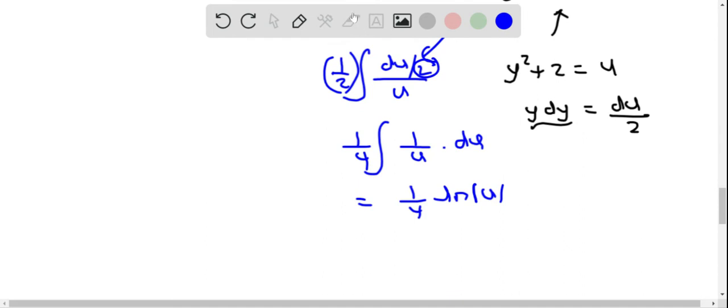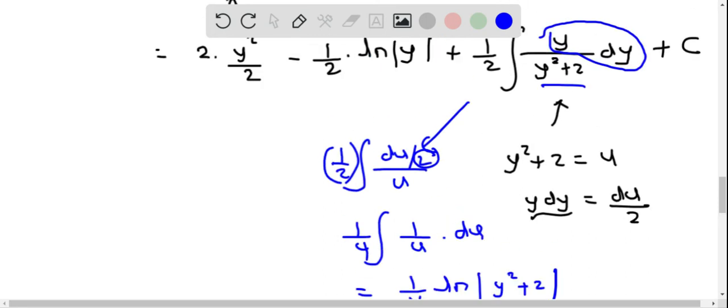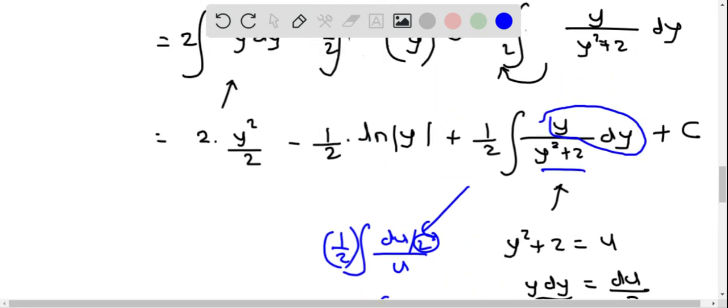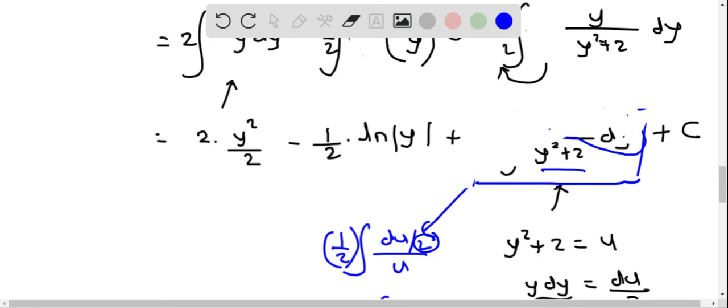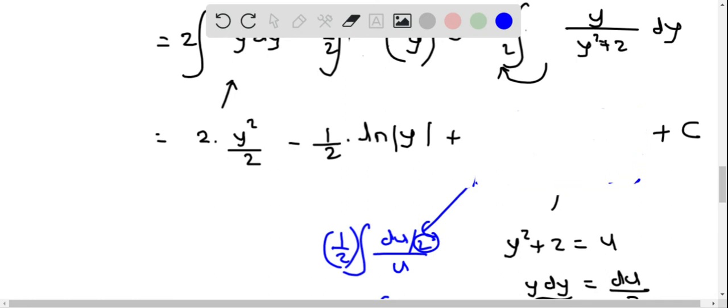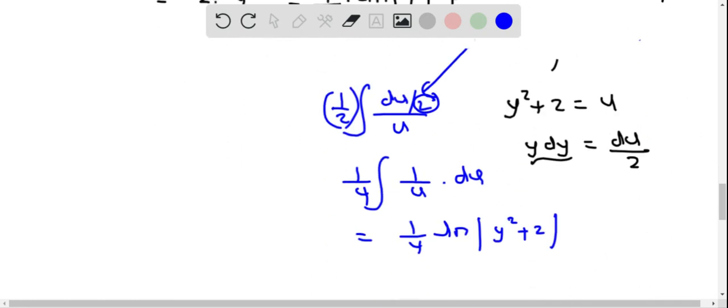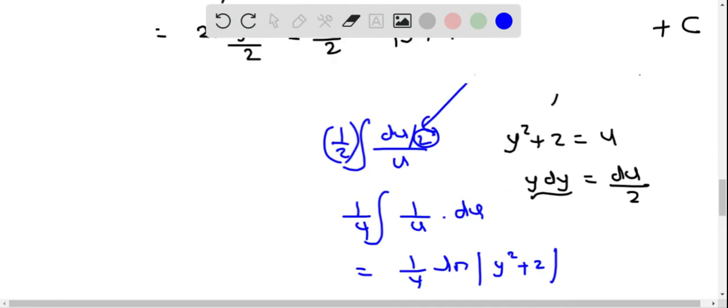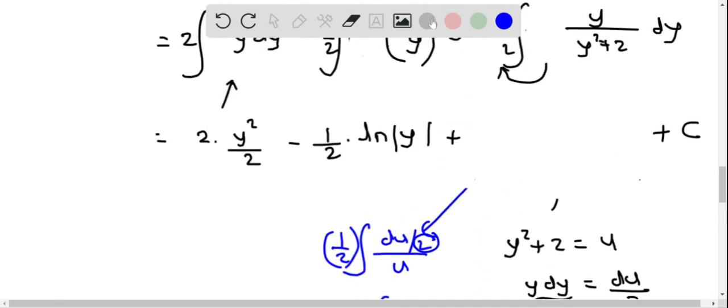Because if we integrate 1 over u, it is the natural logarithm of u. We then replace this u using the substitution that we have already made, which is y squared plus 2. So therefore, this is y squared plus 2. And we found the integral of this expression separately, which we will replace it here. So I'm going to replace this completely. And this equals 1/4 natural logarithm of y squared plus 2. So let's write it down here.